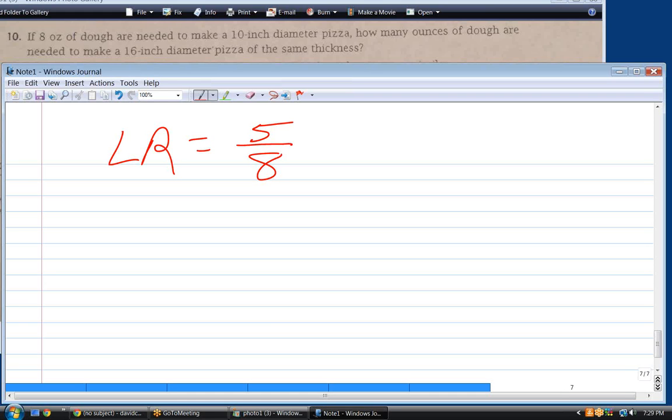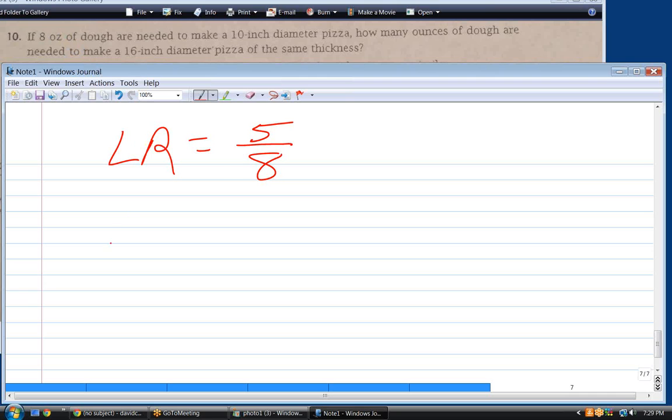What is 8 ounces? What kind of measurement is that? Like a weight? It is, but more importantly, it's a volume measurement, right? The more volume of dough that you have to add, the more it's going to weigh. So this 8 ounces, even though that's a measurement of weight, what they really are asking about is what's the volume ratio going to be?